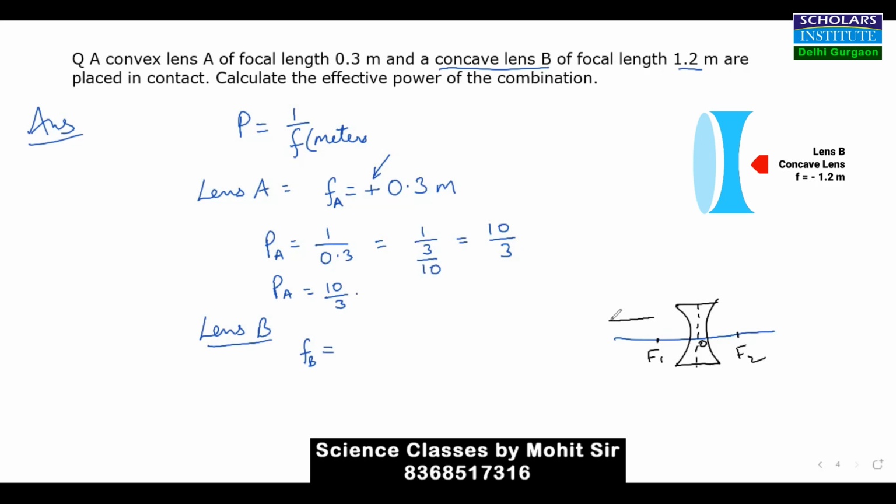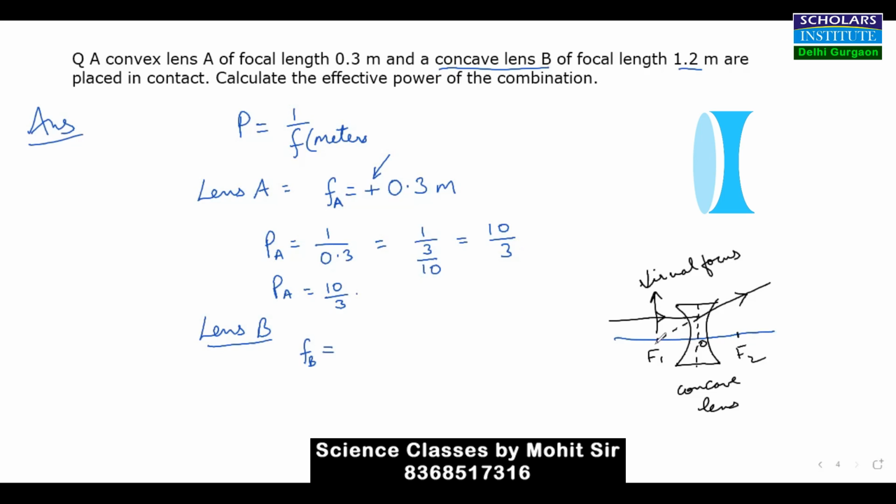When a parallel ray of light is incident on a concave lens, it appears to pass through the first focus because it is a diverging lens. So it appears to pass through this. So this is a virtual focus. A concave lens has a virtual focus.